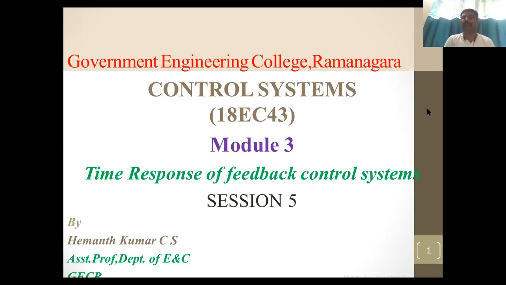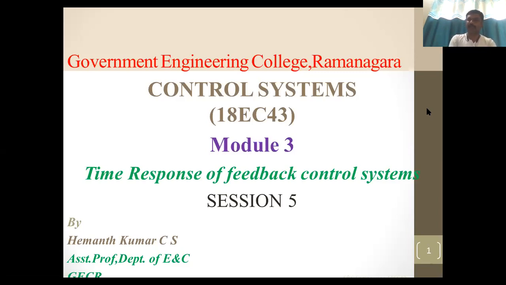With the other set of problems, C of t was given, R of t was given. Later we evaluated the transfer function. Apart from evaluating the open loop transfer function and closed loop transfer function, we also evaluated the output for ramp input. That was the other kind of problem we came across.